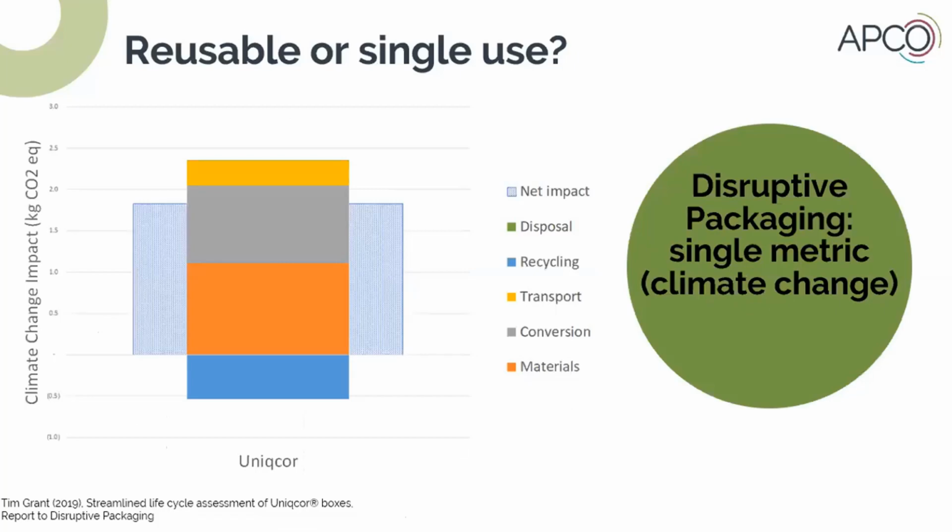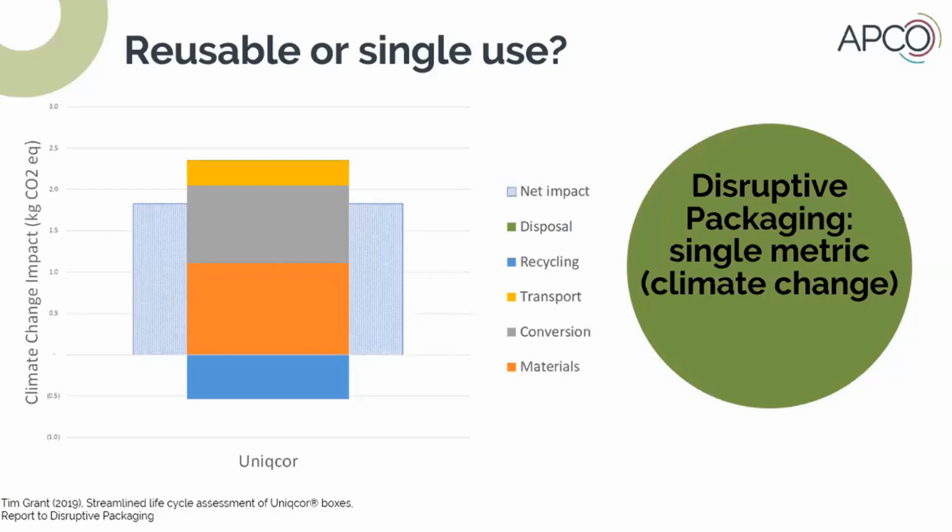Just one last study that I was going to mention that both Tim and I were involved in was for a company called Disruptive Packaging. Their Unicore packaging, which is for fresh produce and other B2B packaging. They looked at the life cycle impacts of the packaging, and this is just looking at climate change. And it just shows you how this sort of information can be presented.